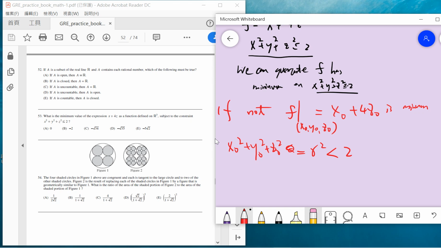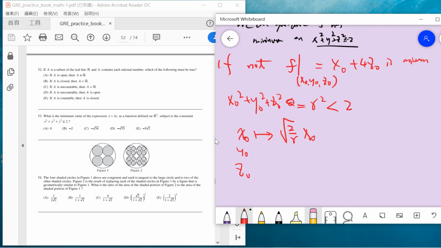But then I can change x0 to become the square root of 2 over r times x0, and y0 and z0 become the same, scaled by the same factor.